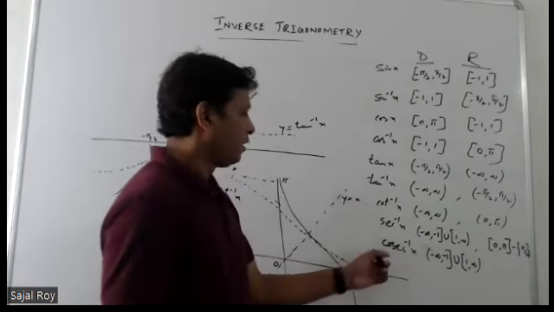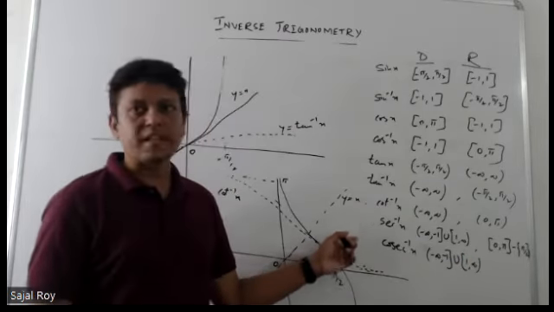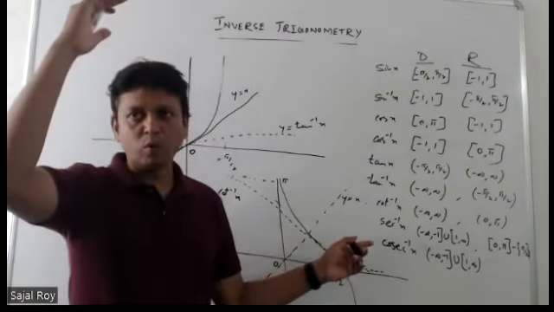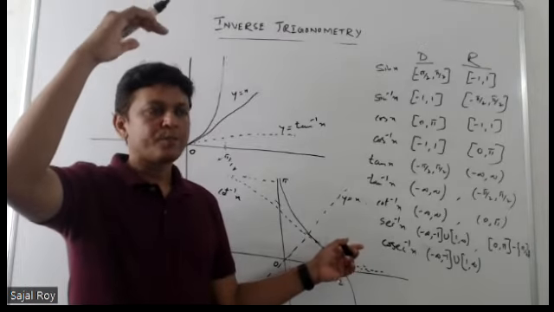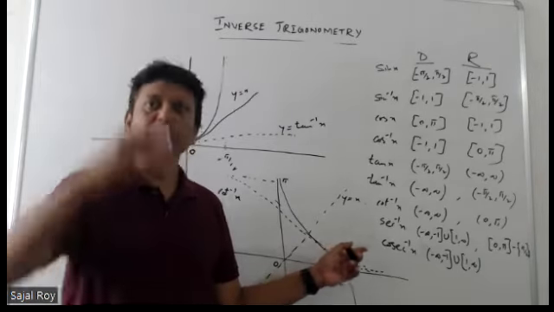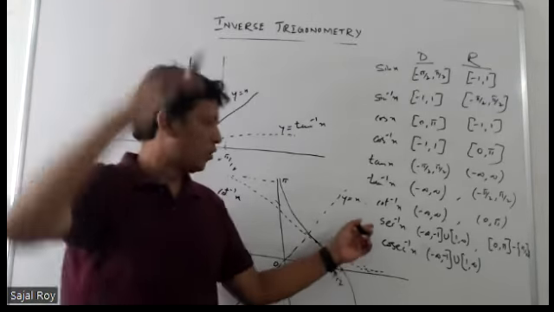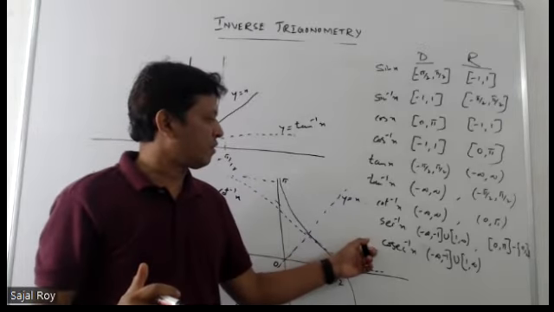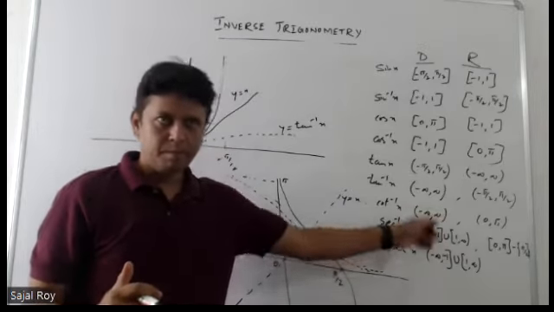You know that the absolute value of sec x and cosec x is greater than or equal to 1. That means its value is less than or equal to minus 1 or greater than or equal to 1. So the domain of sec inverse x and cosec inverse x will be this.